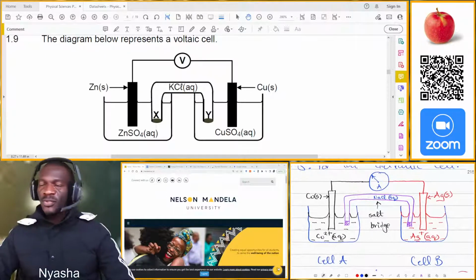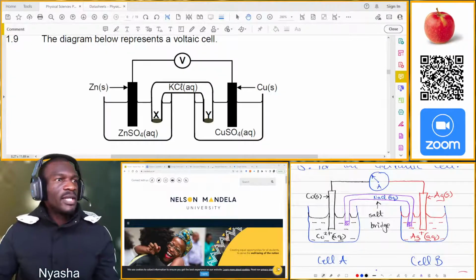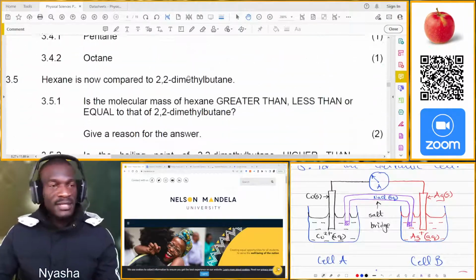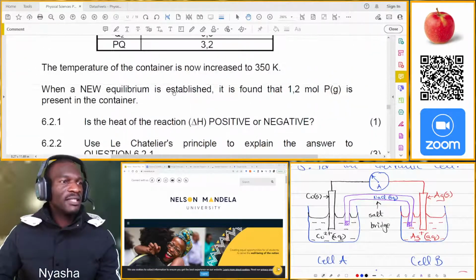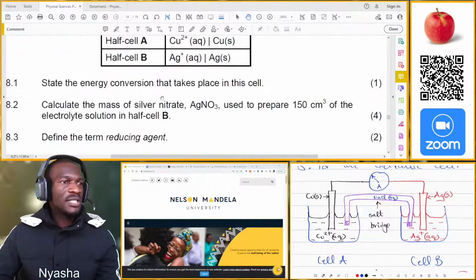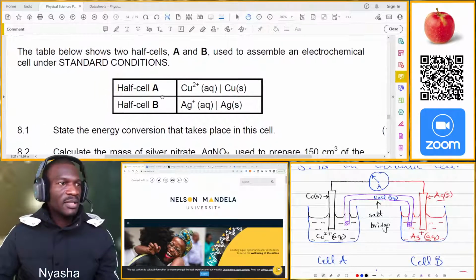Right. So we can now attempt this question. We can see what's happening. We can tell that we have an electrochemical cell, cell A and cell B. According to the given information, we've seen what to put in cell A and in cell B. So that's our electrochemical cell.